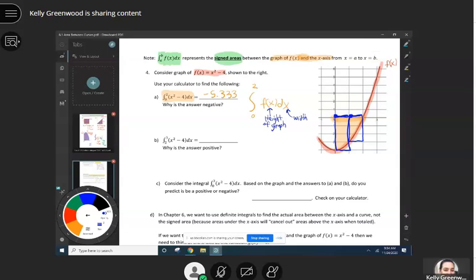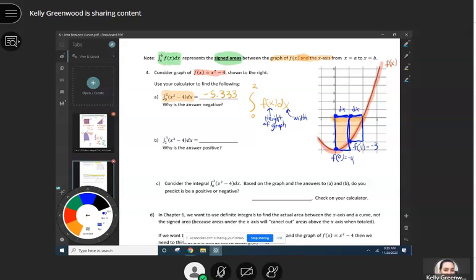So your width, your d of x, is going to be positive, but the height of the graph is going to be negative, right? So f of 0 is down here at negative 4, and f of 1 is down here at negative 3. So we're technically calculating negative areas there.